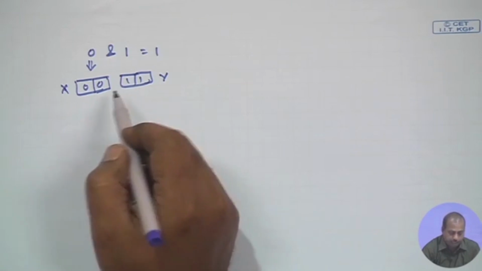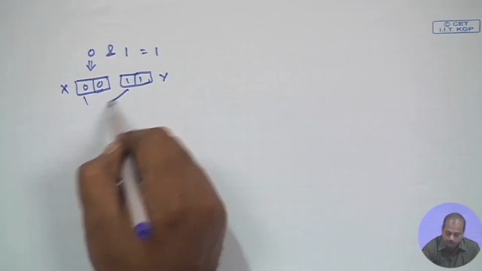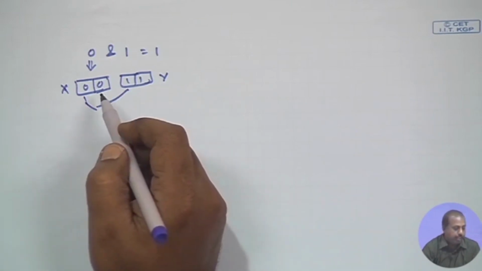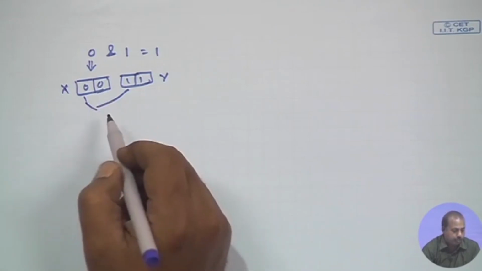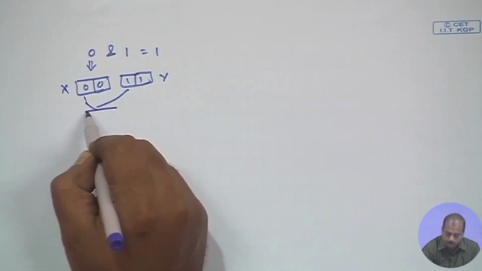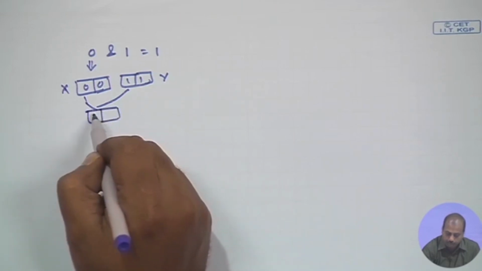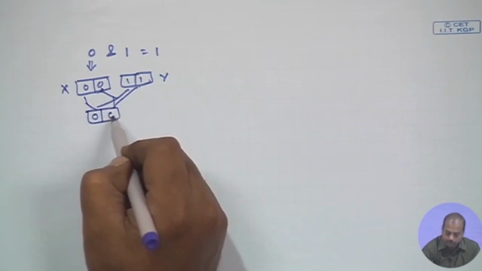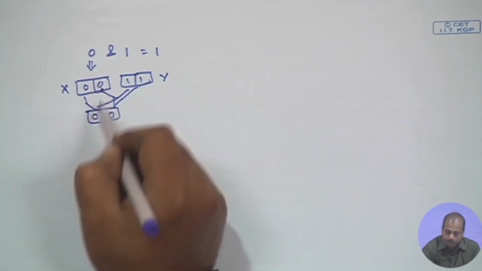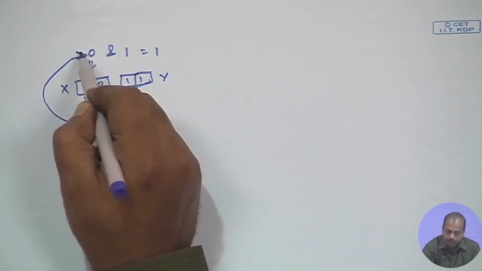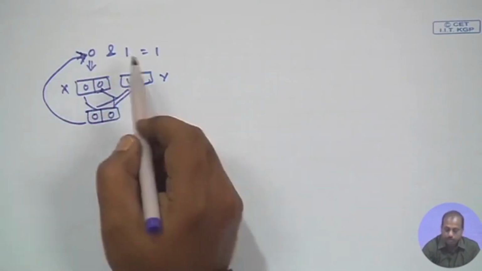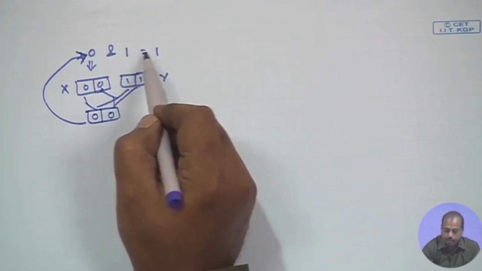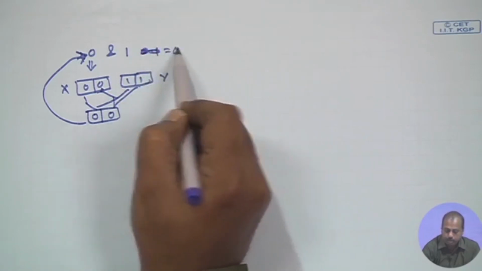When I do the AND of these two, the first bits, 0 and 1, will be ANDed and produce a 0. Similarly, the second bits, 0 and 1, will be ANDed and produce a 0. So the result is 0 0, which is equivalent to the ternary logic 0. So in ternary logic, 0 AND 1 is equal to 0.